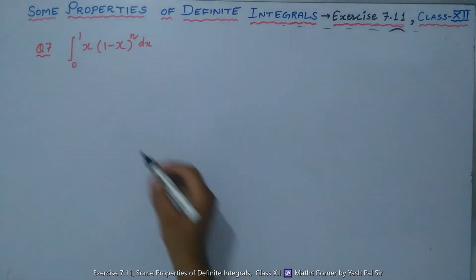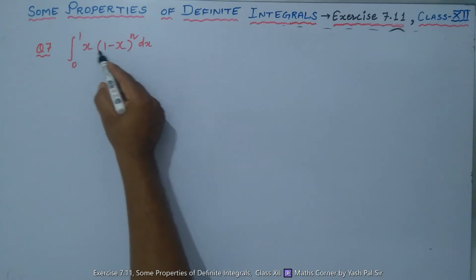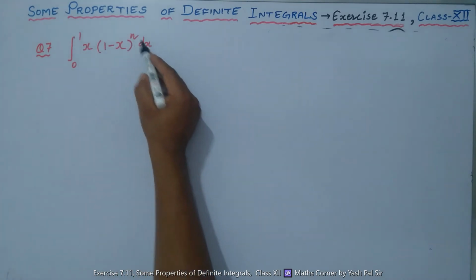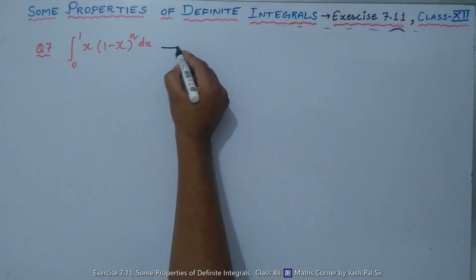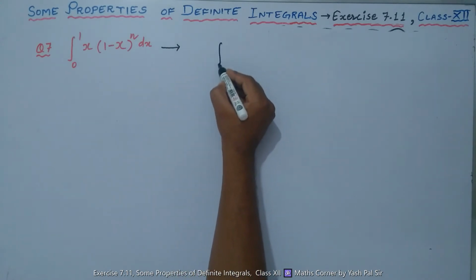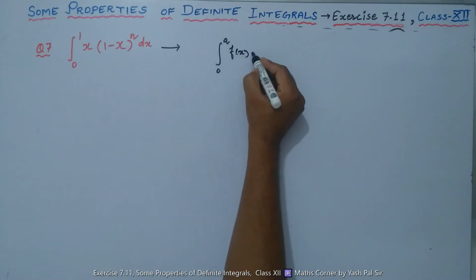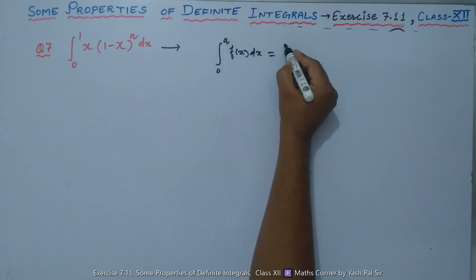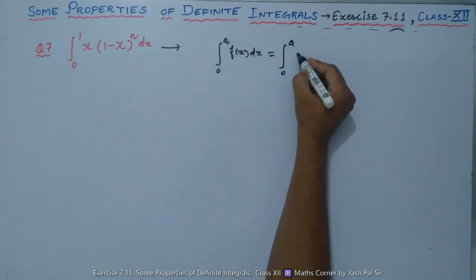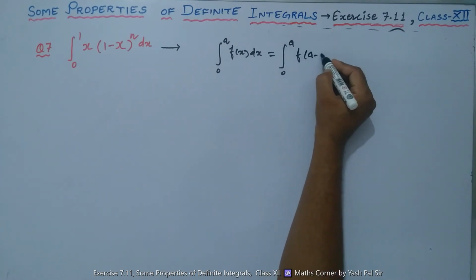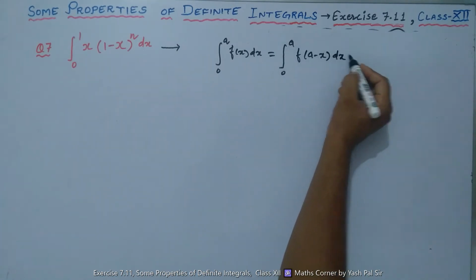Question number 7 is limit 0 to 1 x into 1 minus x whole raised to power n into dx. So first of all we apply the property: integral 0 to a f of x dx is equal to integral 0 to a f of a minus x into dx.